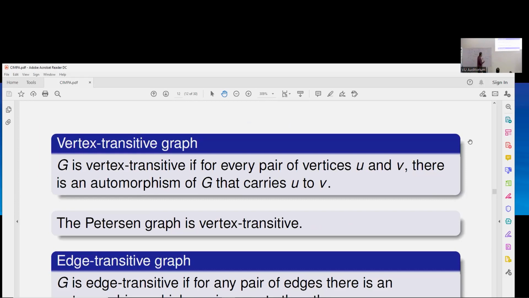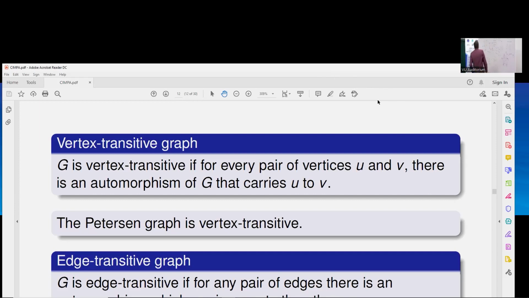So a vertex-transitive graph is defined with the help of automorphism. So G is vertex-transitive if for every pair of vertices u and v there is an automorphism of G that carries u to v. So for every pair of vertices, there must be an automorphism which carries one vertex to the other.